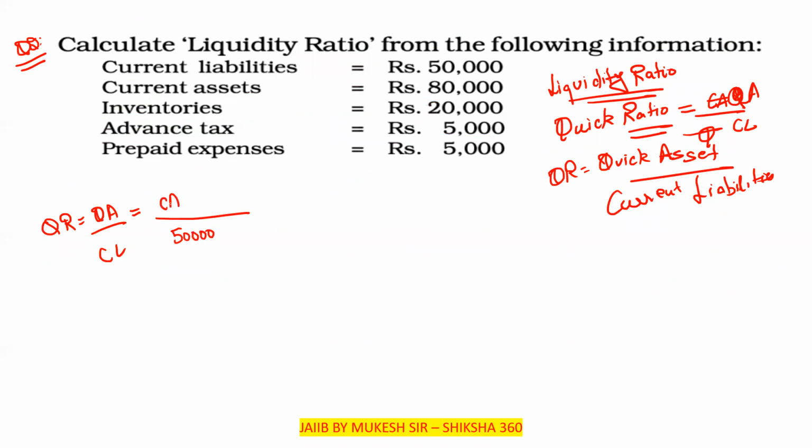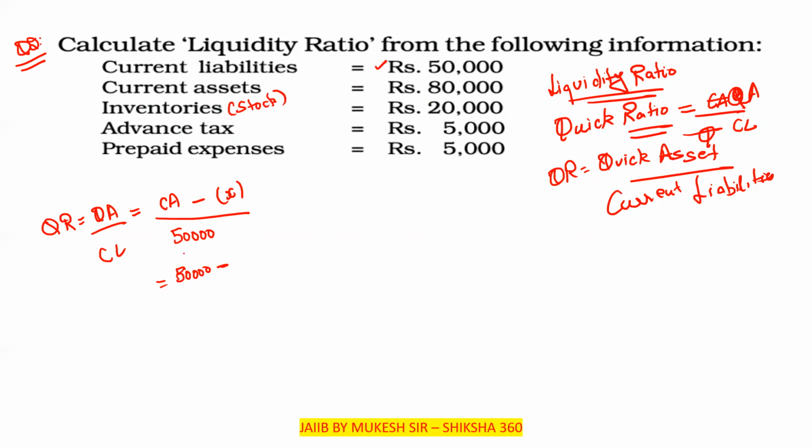Current asset minus what we have to subtract from here? Current asset 80,000 minus inventories, that is stock.